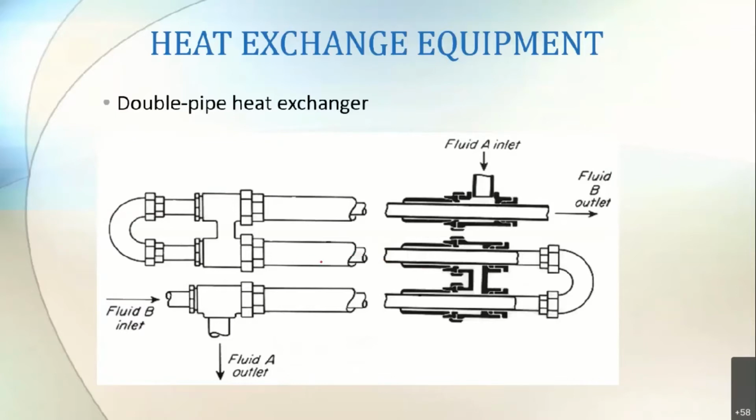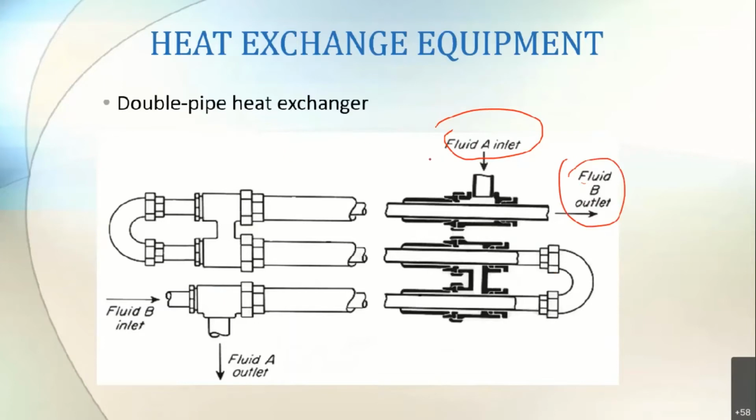Okay, so we can have different types of heat exchanger. So this is what we call a double pipe heat exchanger, meaning that you have a double pipe system where you have one fluid. Let's say this is fluid A. Fluid A is flowing in one pipe, and then fluid B is flowing in the other pipe. So you have a double pipe heat exchanger.